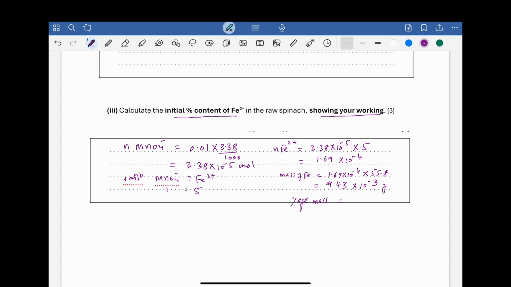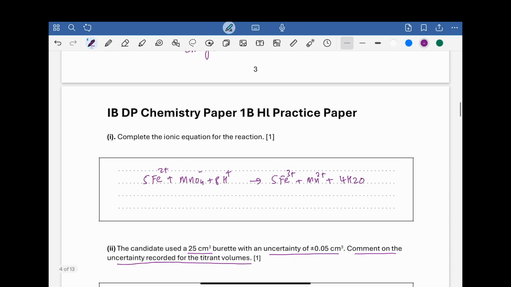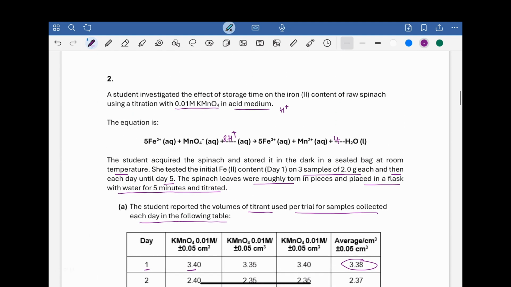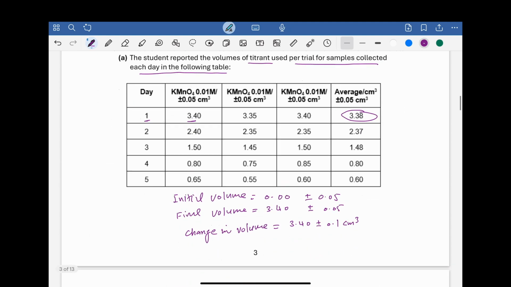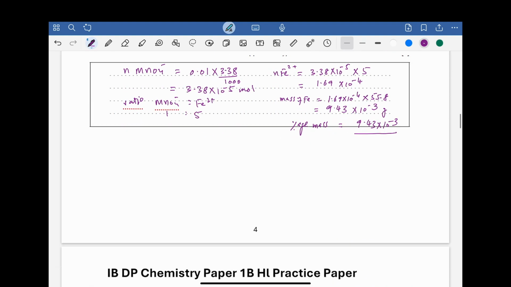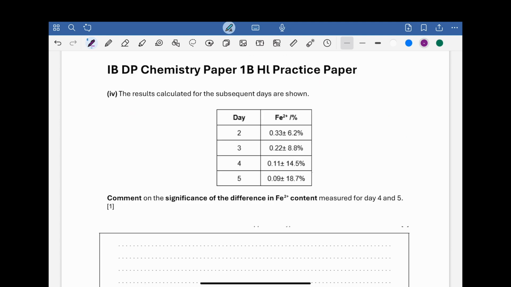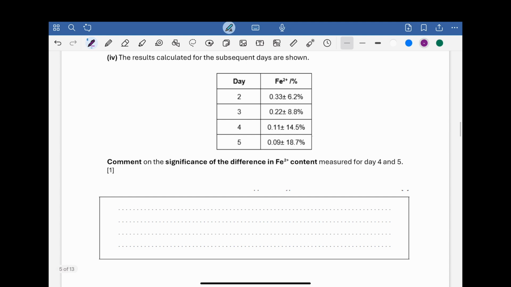The mass we found is 9.43 times 10 to the power minus 3, and we started with 2.0 gram, so divided by 2.0 times 100. If I solve this, that gives me 0.47%.